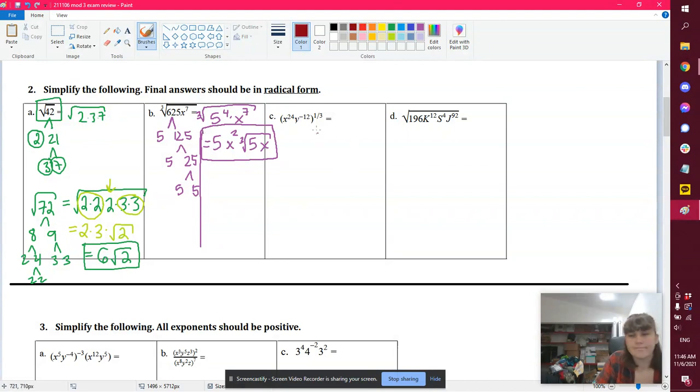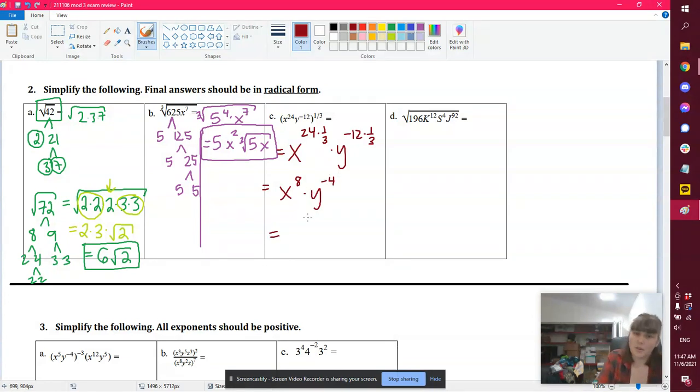Nice. Whenever we have an exponent to another exponent, we just get to multiply them, right? So this becomes x to the 24 times 1/3 times y to the negative 12th times 1/3. 24 times 1/3 is 8. Negative 12 times 1/3 is negative 4.